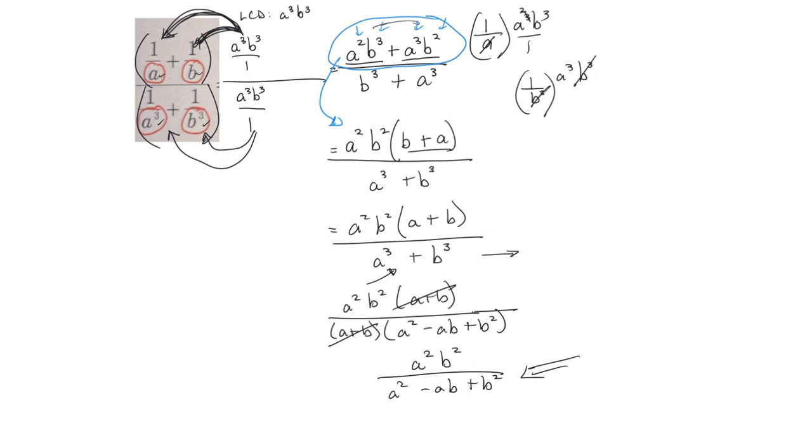And then the other thing is down here, some people would be tempted to cancel those A squareds or those B squareds. But that minus sign and the plus sign anchor these A squareds and the B squareds, so you can't touch them. Let me get rid of that stuff. So this is where I would finish my answer.